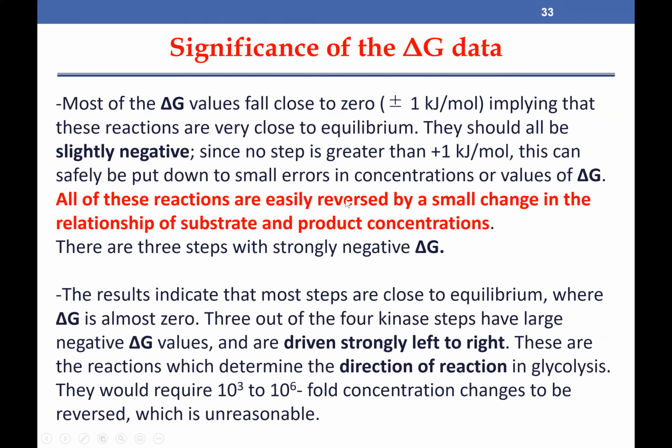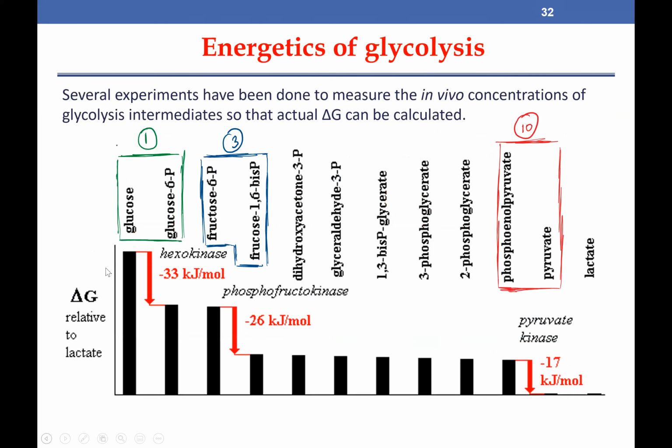So they can be very easily reversed if a slight change in the concentration happens. But that's why the 3 steps with the strongly negative delta G are important for us, so the forward reactions can happen. Like I said again, these 3, because I can see that the delta G here is massive compared to the others where barely any difference can be seen.